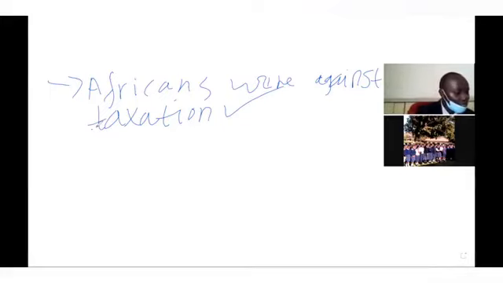That is why they resisted. They wanted to retain their independence. Don't just say independence. So your answers should communicate to the examiner. Make sure your answer is communicating. If you are not communicating, you may end up losing a mark.